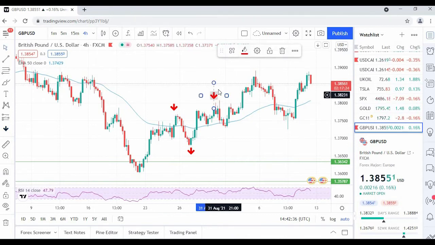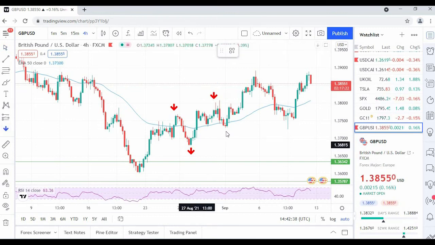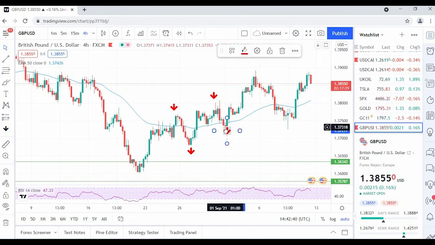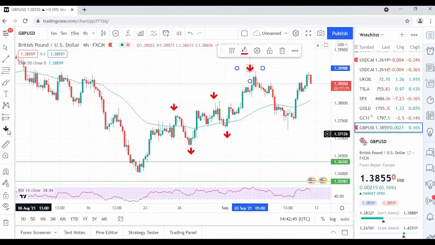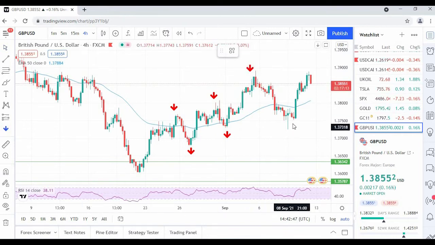Right here is another point again. Right here, right here, and right here. So let me include some text.